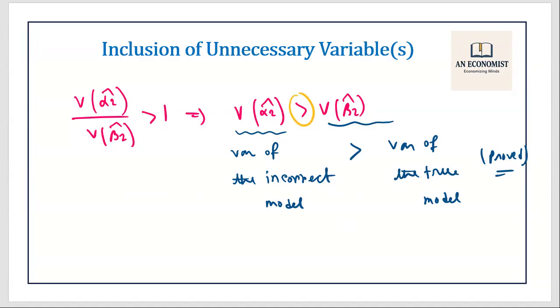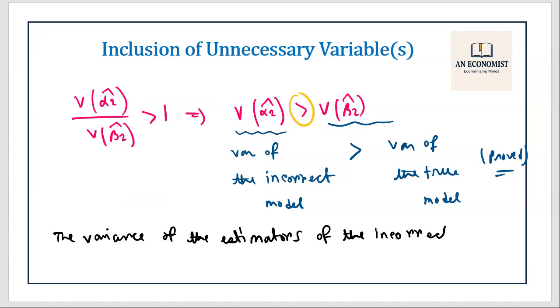Variance is greater in case of the incorrect model, which tells you that the variance of the estimators of the incorrect model, incorrect meaning the overfitted model, will be inefficient. That is what we wanted to prove, and this is the last consequence that we wanted to prove.